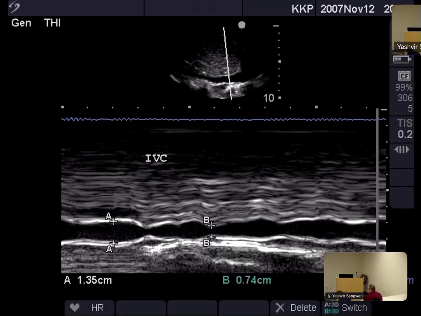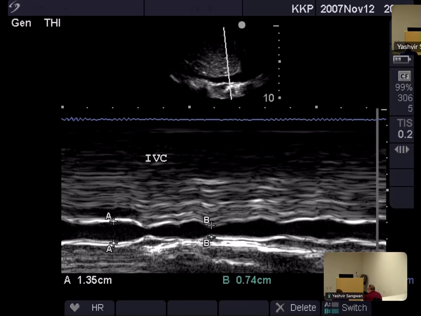In a non-ventilated patient, I suck air in, I suck blood in. So in the non-ventilated patient, it is a collapsibility index, but in a ventilated patient, you actually distend. So when we are using IVC, because every time, why did you give fluid? The IVC was so and so. If you are using IVC on a ventilated patient, it has to be the same criteria as PPV and SPV.